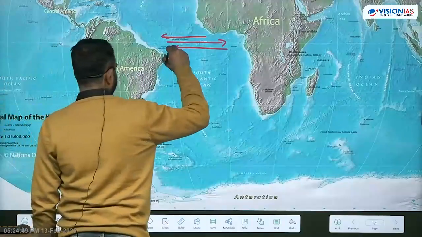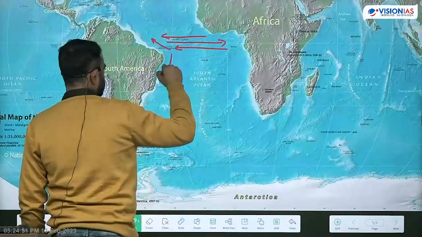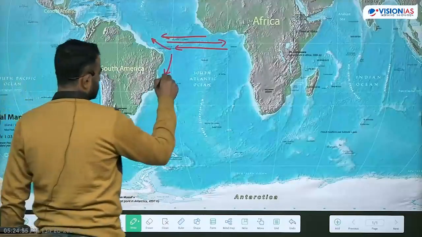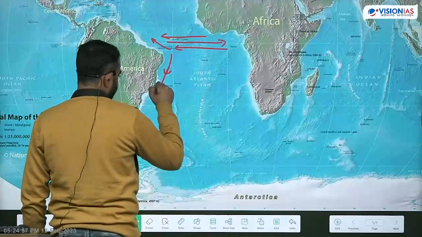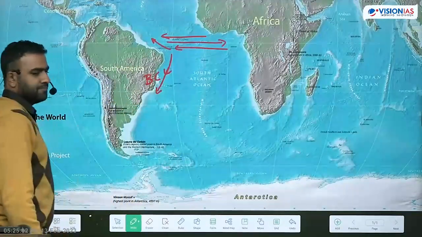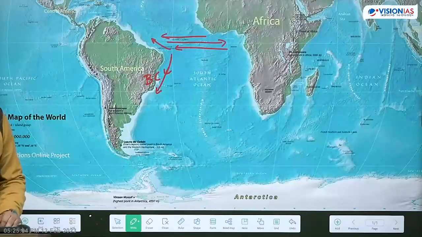So I told you the south equatorial current gets divided into two branches. One moves towards the north, another moves towards the south. This branch which is moving towards the south moves along the coast of Brazil as the Brazilian current. Next one, Brazilian current.